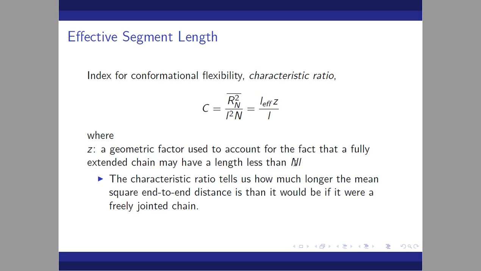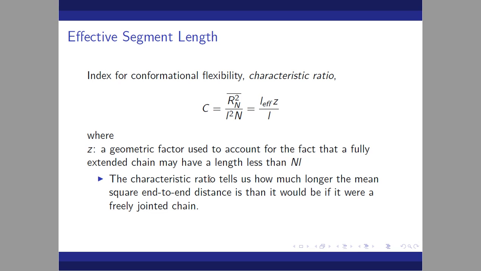Because of this L effective, we estimate using that tree model. We have the end to end length, but when we do the experiment, we have a longer end to end length than the modeling.